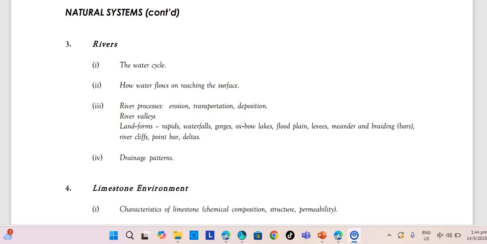The sun heats water from rivers, seas, and oceans, and it turns into water vapor. The vapor cools in the sky and forms clouds. Water falls from the clouds as rain, snow, or hail, and flows over the land or soaks into the ground, going back into rivers, lakes, or the sea.